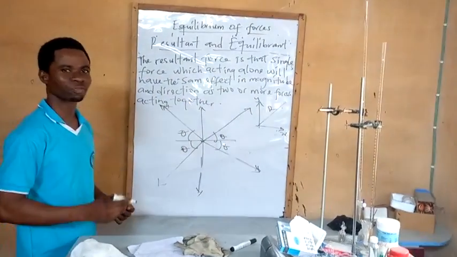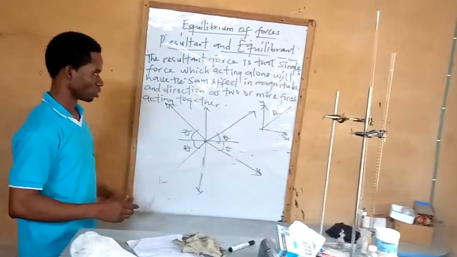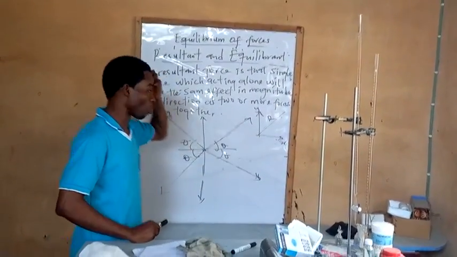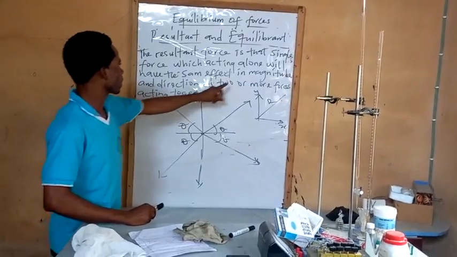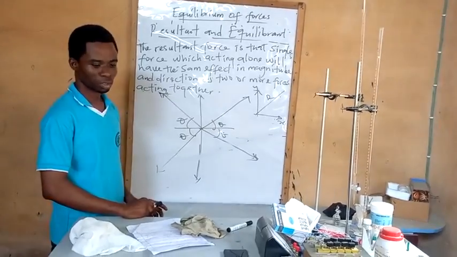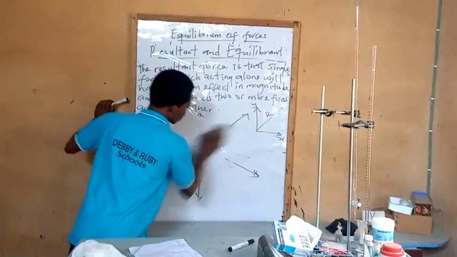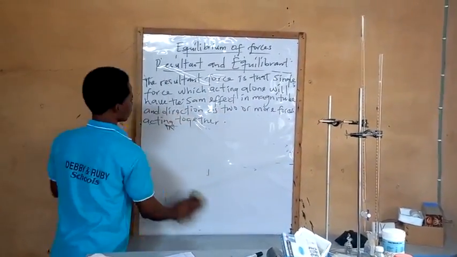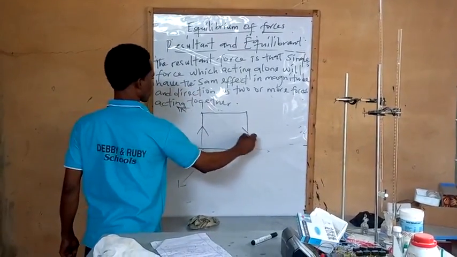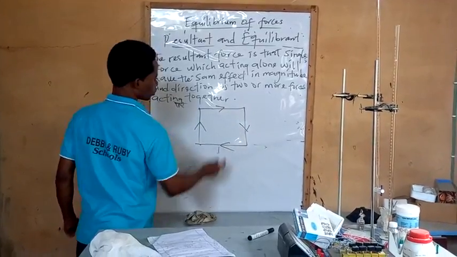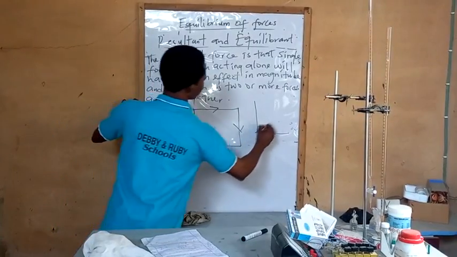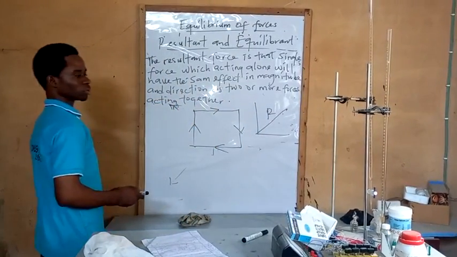We are going to treat all these things very well in vectors. We are going to resolve everything to x and y, because they say two or more forces acting together. In fact, we can have something like this. So we are going to resolve everything also to x and y, and the resultant will take place.